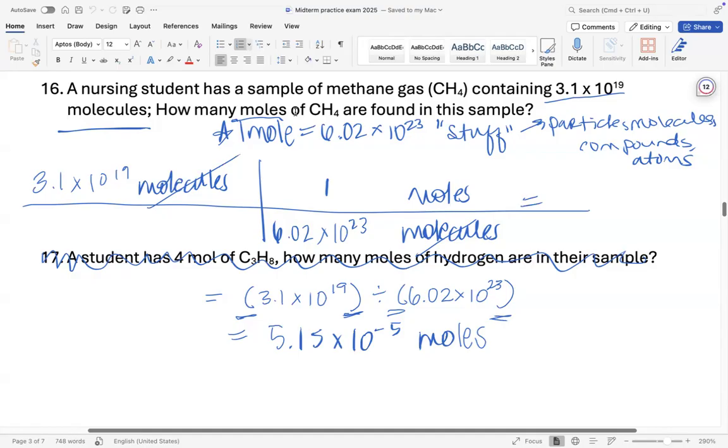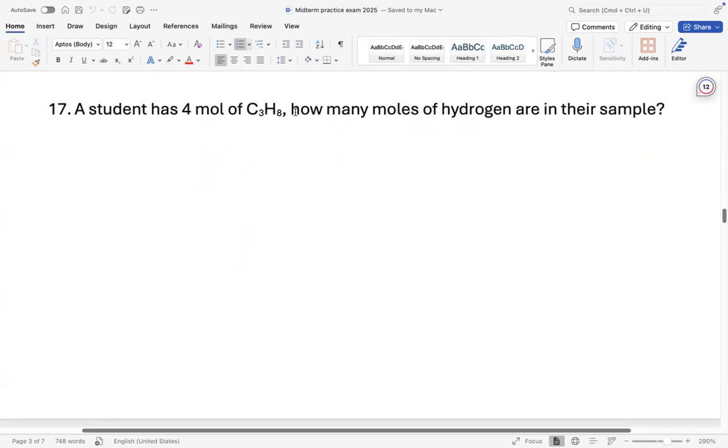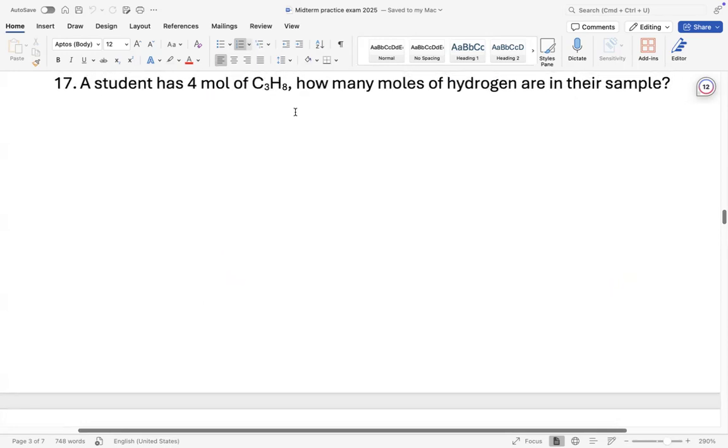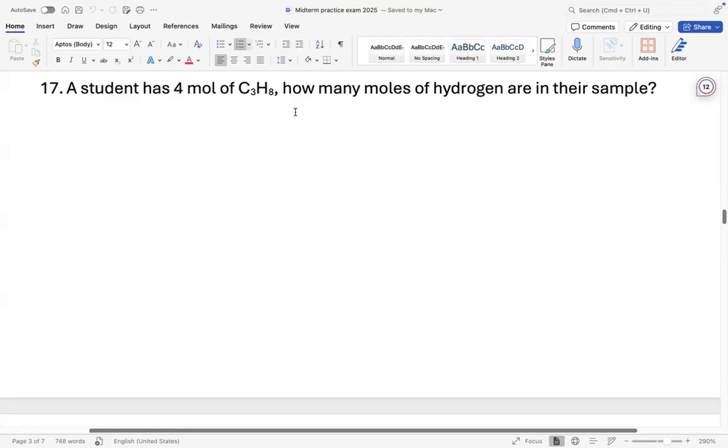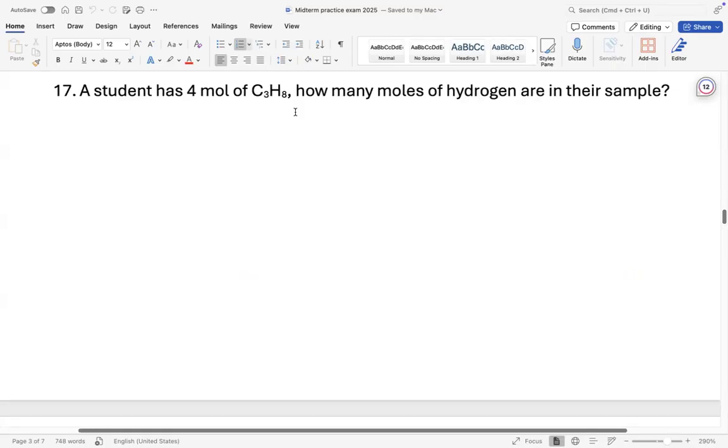Okay. So 17. So let's read it and then decipher what the heck's going on. All right. So a student has 4 moles of C3H8. How many moles of hydrogen are there in the sample? All right.